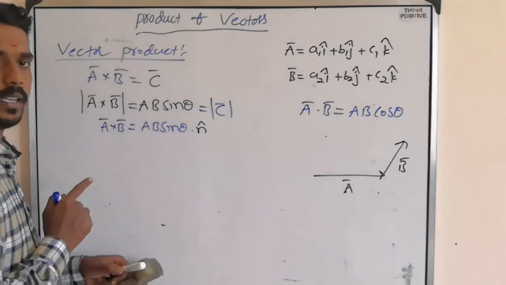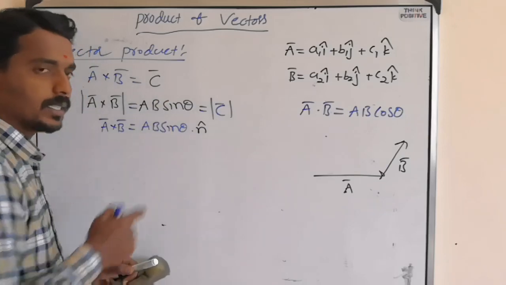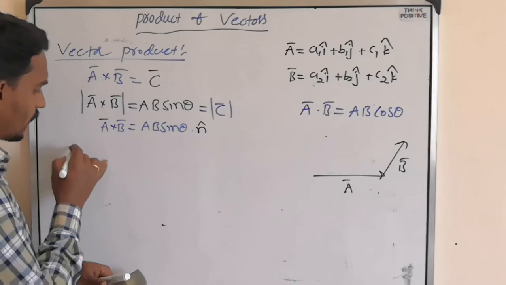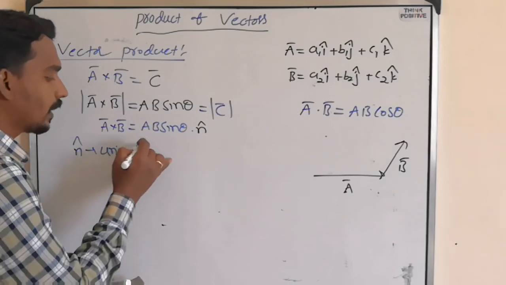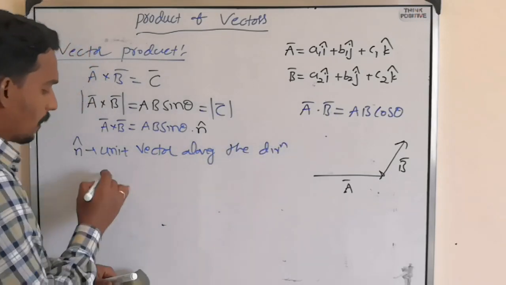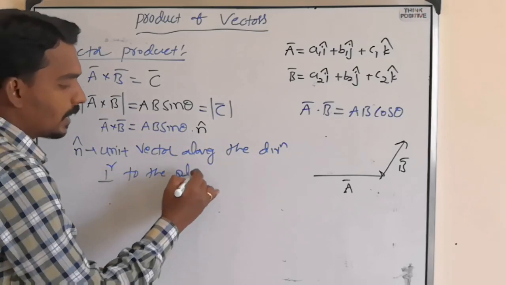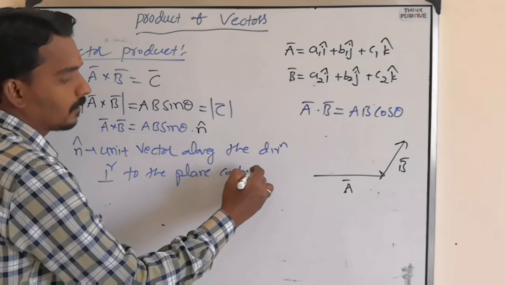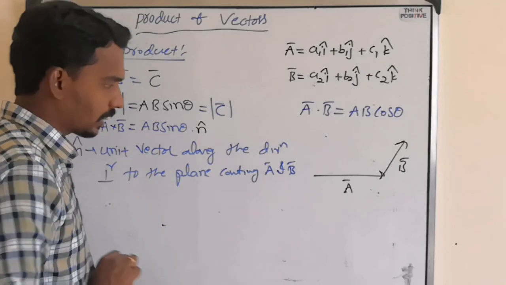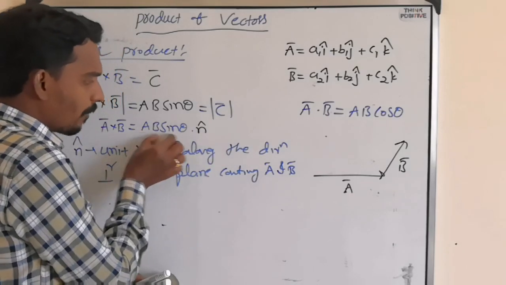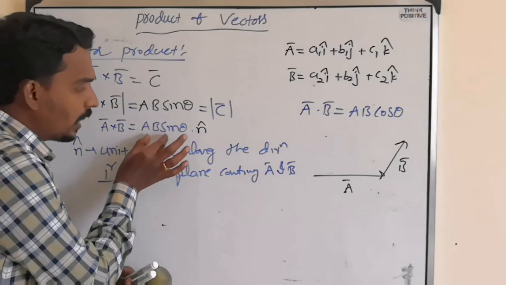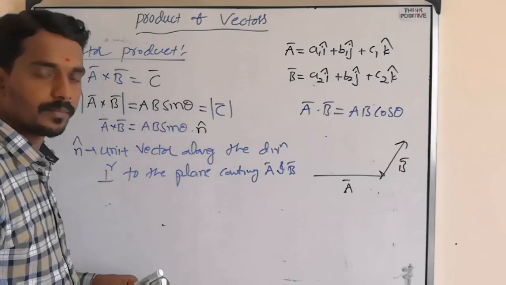So what they suggested is that A bar cross B bar has magnitude AB sin theta and the direction is along n cap, where n cap is a unit vector along the direction perpendicular to the plane containing A bar and B bar. So if you multiply n cap with AB sin theta, n cap shows only direction, not magnitude, where AB sin theta is the magnitude.